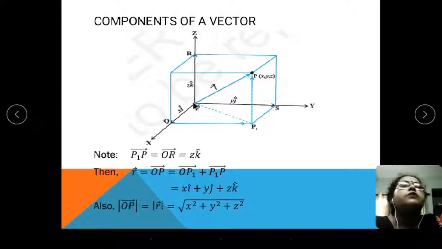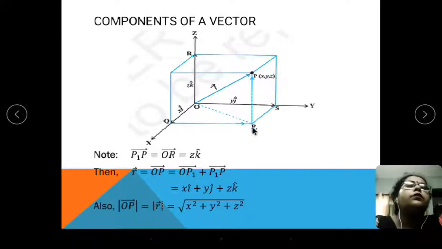Now if we start with the position vector OP, that means r, you see from this triangle OPP1, using the triangle law, OP is equal to OP1 plus P1P. Now P1P, we have already said is zk, and what is OP1? For getting this OP1, we now apply the triangle law to the triangle OPQ.